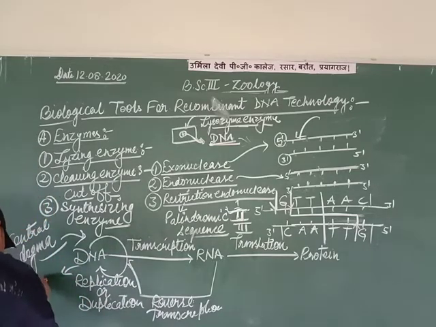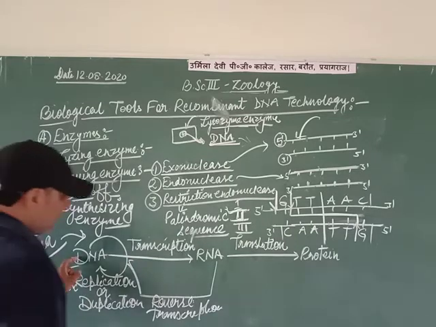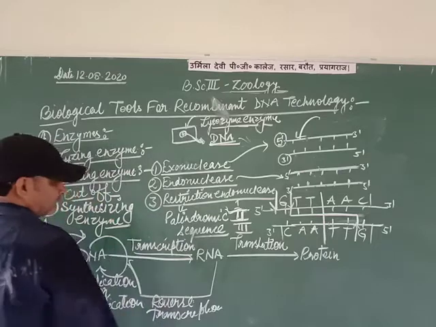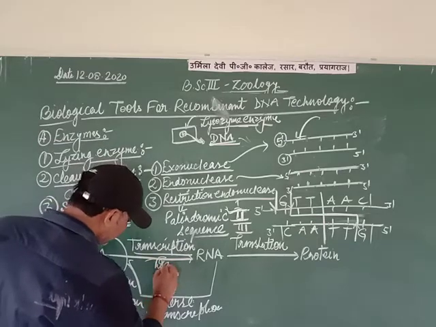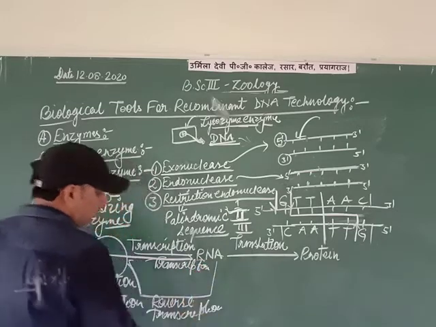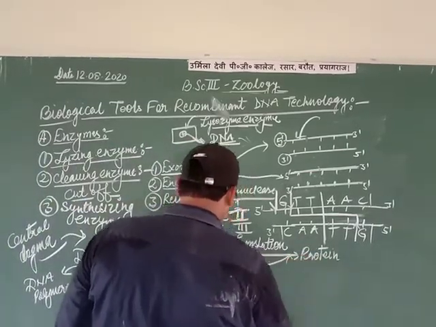DNA to RNA is done by RNA polymerase, and RNA to protein involves several kinds of enzymes.